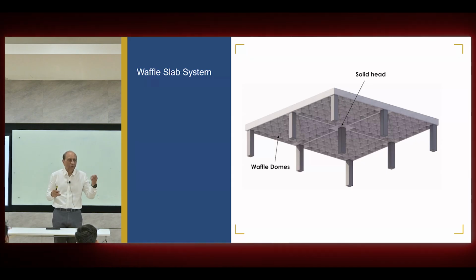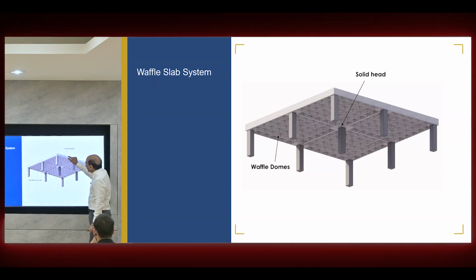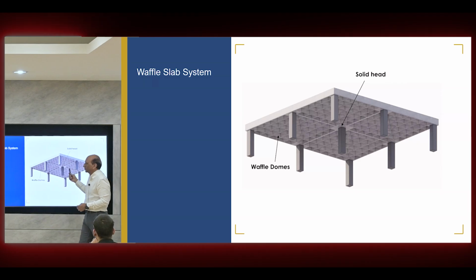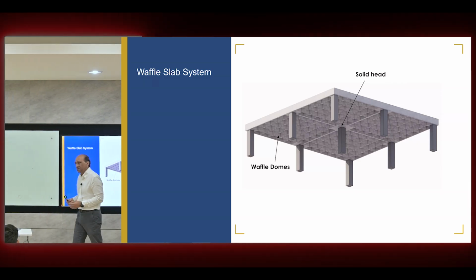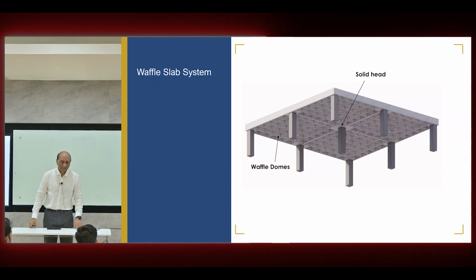So basically you have the effect of the slab thickness like this, but the weight of one-third. So it was a very thick slab for very long spans, but take out all the weight. So the waffle slab became, and still is, very popular for large span free space things.